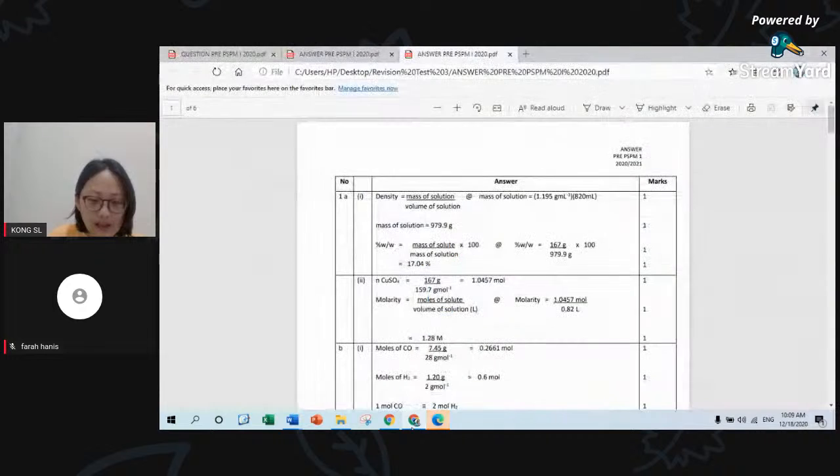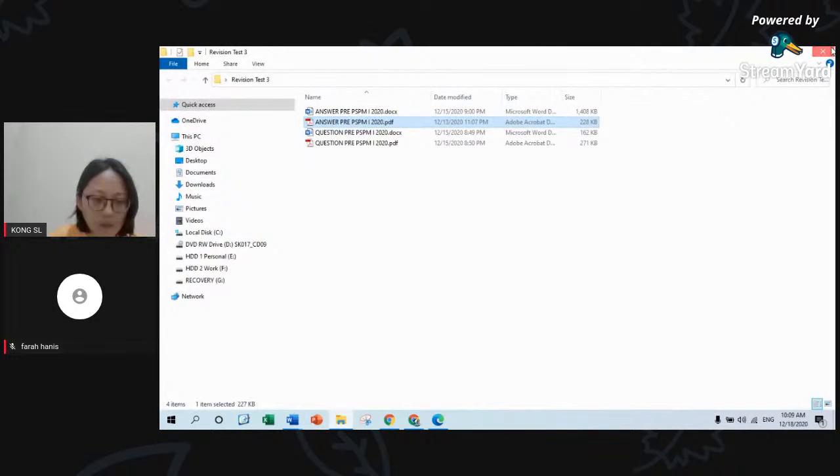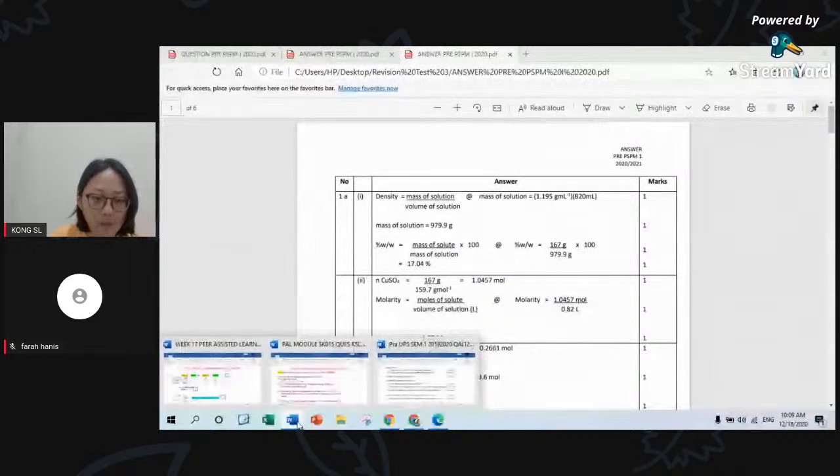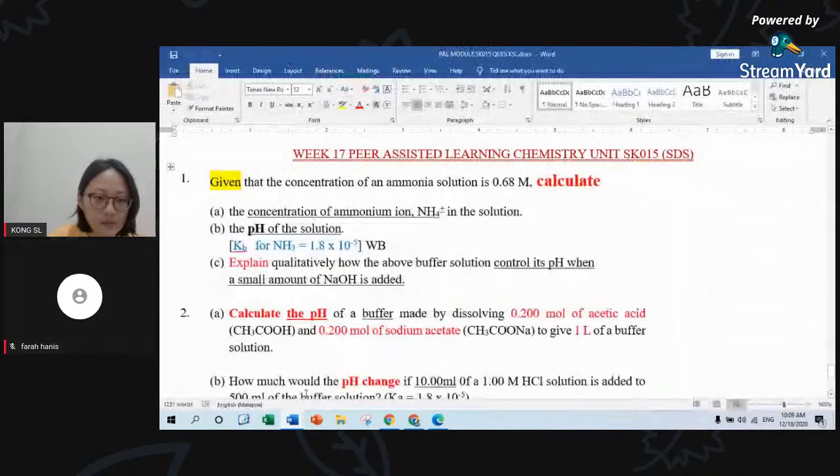Okay, so first we go for POW exercise. Okay, POW. Okay, this is POW week 17. First of all, the first question: given that the concentration of ammonia is 0.68 molar. So you should know that 0.68 molar actually is the initial concentration.